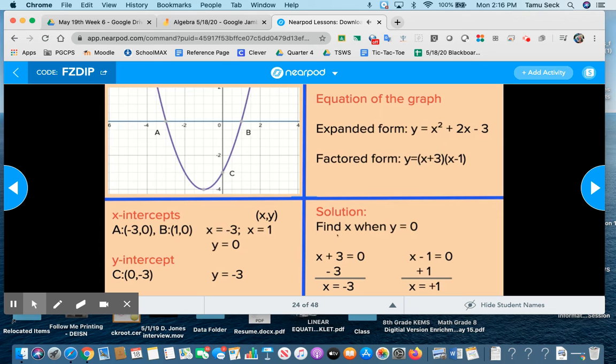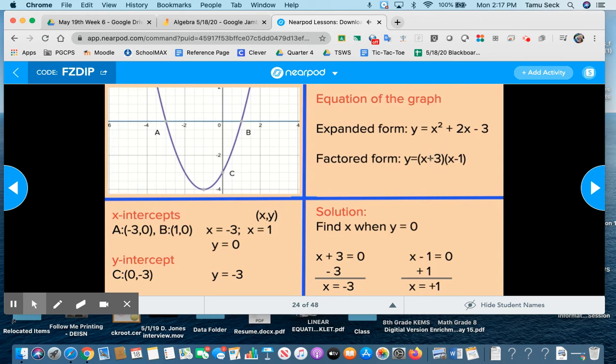Now, solving a quadratic equation is when you find x knowing that y is 0. So when y is 0, that means that either x plus 3 has to be 0, or x minus 1 has to be 0, or both of these are 0.